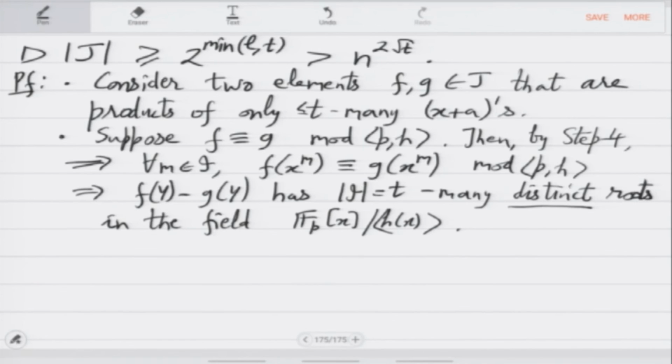It's less than t. Which could only mean that f and g is the same.